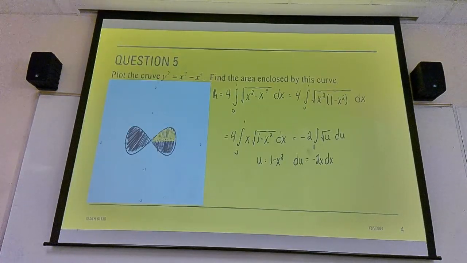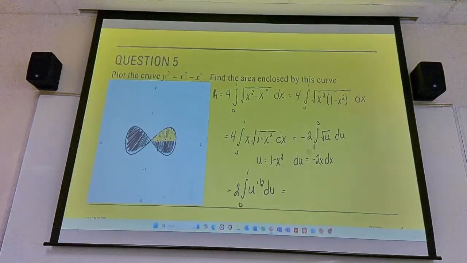When x is 1, what is u? 1 to 0. Now distribute the negative to flip the order. And I'll write the one half. What is that antiderivative?